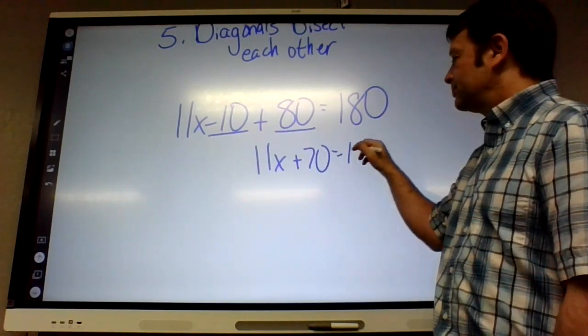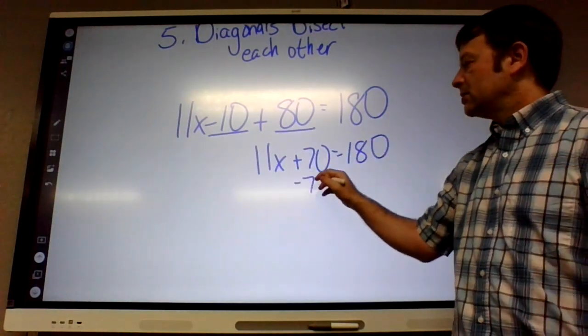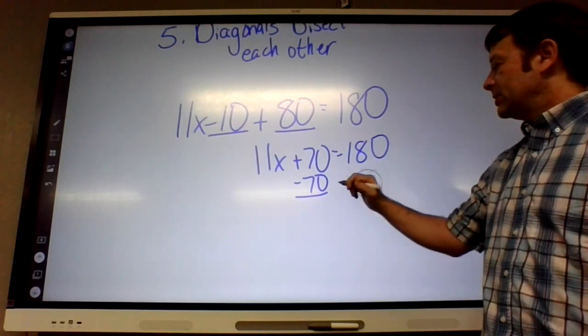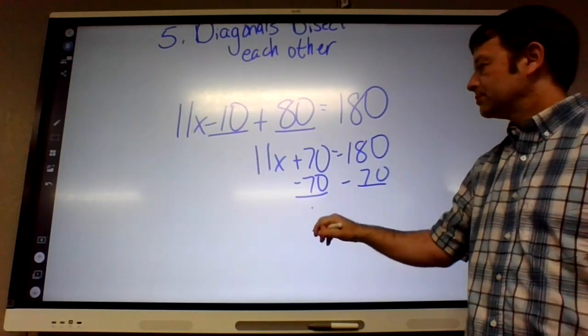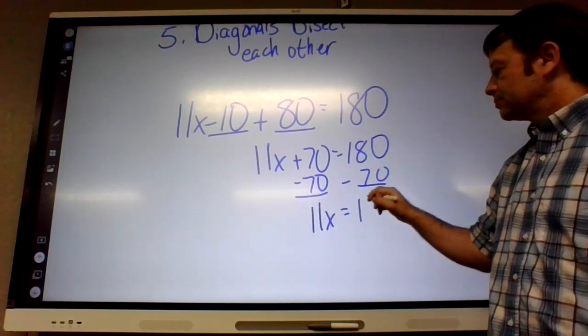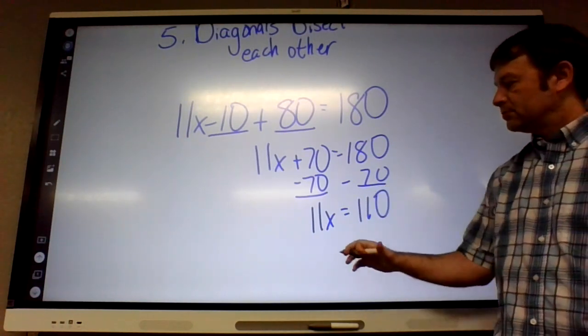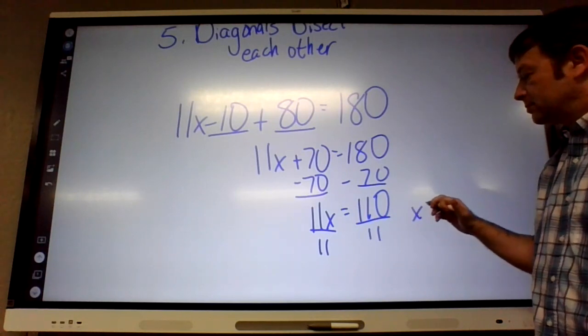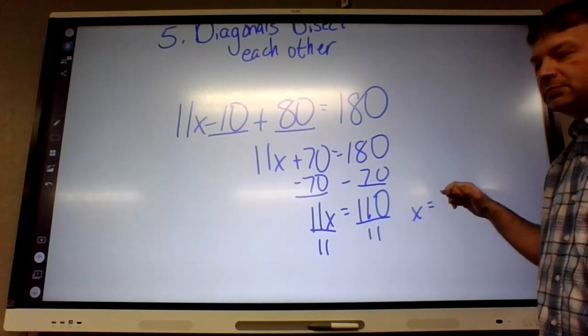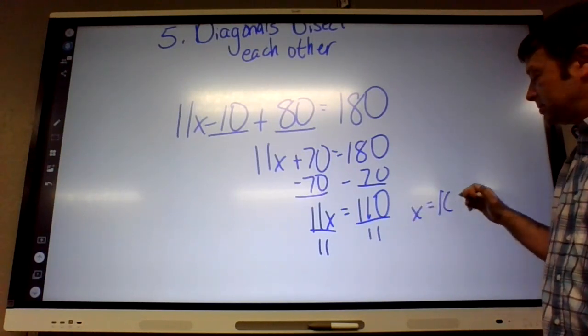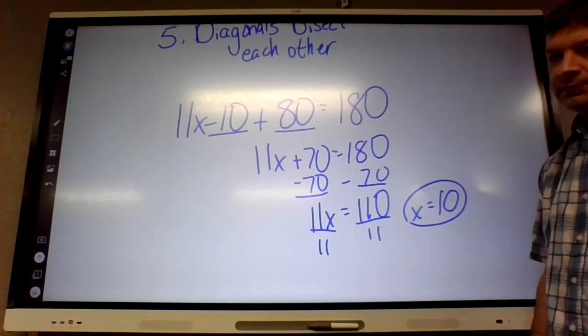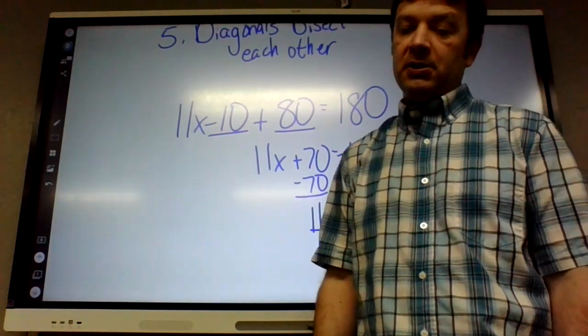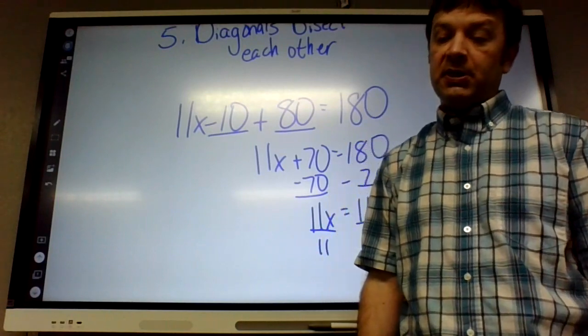Subtract that, then divide. What's 110 divided by 11? We're just finding X, right? On this section, yeah, but not on the next section.